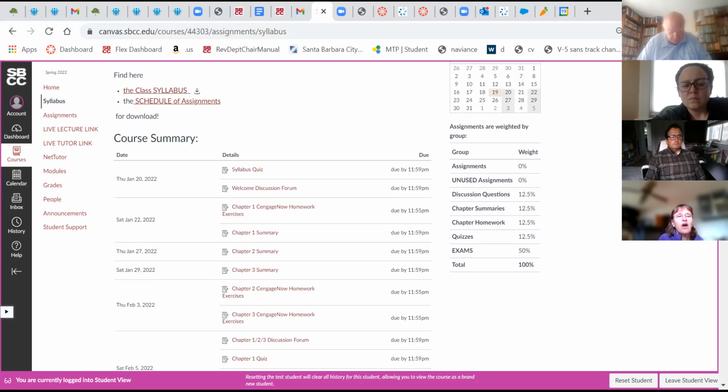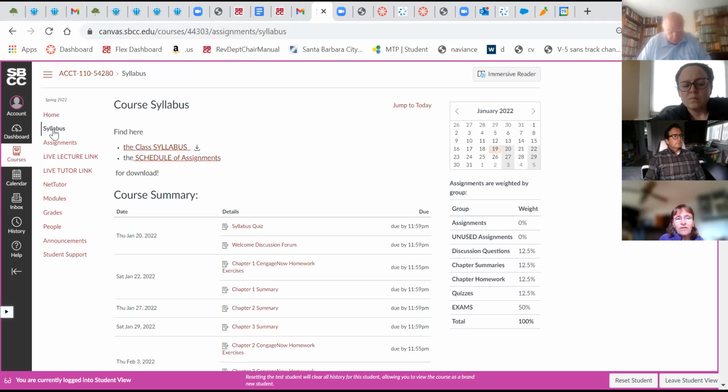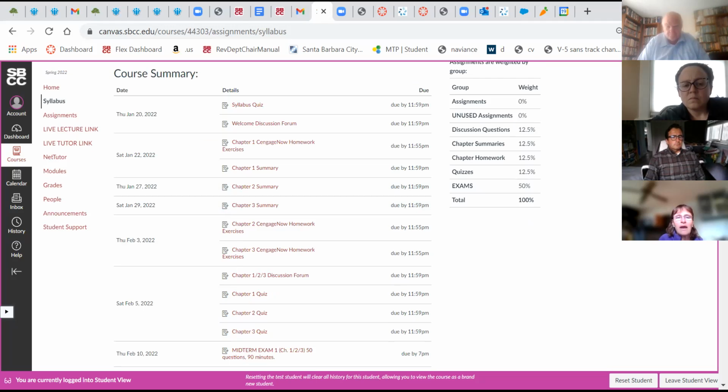So on that syllabus link, we are still on the same link here on the left-hand side. You also see that Canvas automatically puts the assignments that are due with a due date in the correct order. So as I said, this Thursday, tomorrow, I want you to have done the syllabus quiz and the welcome discussion forum.